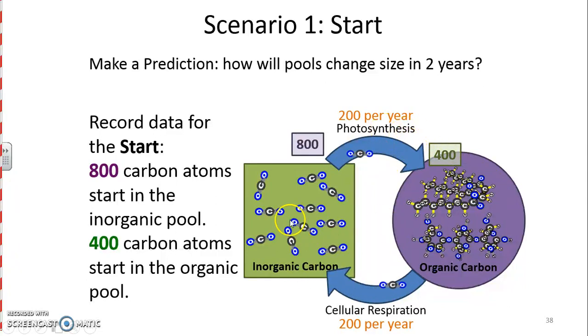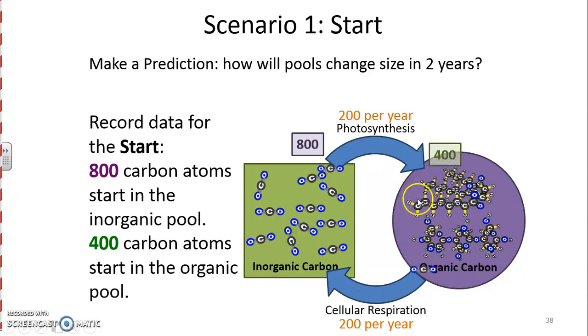In our ecosystem, 800 and 400, and we have photosynthesis happening. When that happens, our organic carbon pool, our plants, are pulling carbon from the atmosphere, inorganic carbon dioxide, and that is showing up in things like sugar, glucose, fats, proteins. Those carbons are showing up in these molecules in plants. But don't forget that plants are doing respiration as well.